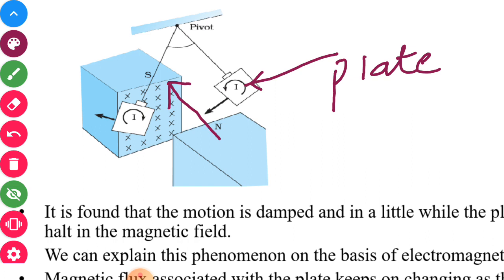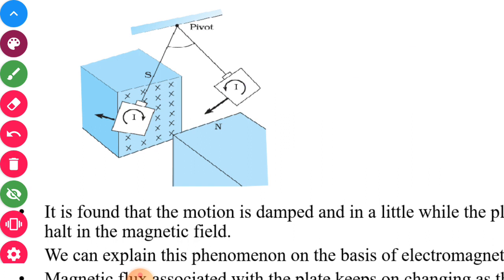So it opposes the oscillation. After some time the plate will come to a halt; its oscillations are damped, its amplitude gradually reduces and it becomes stationary, after completing some oscillations.